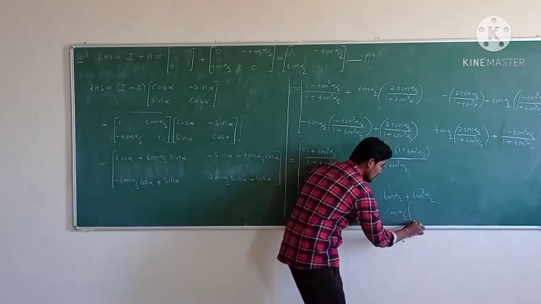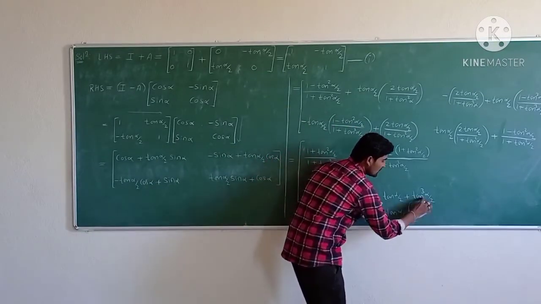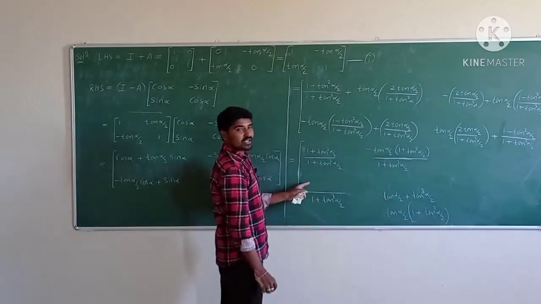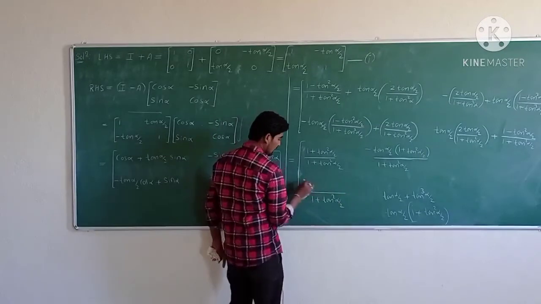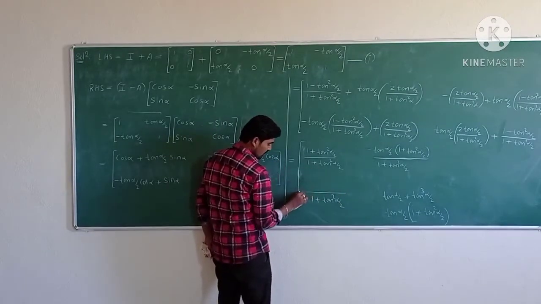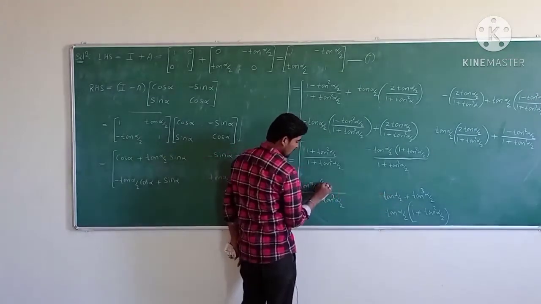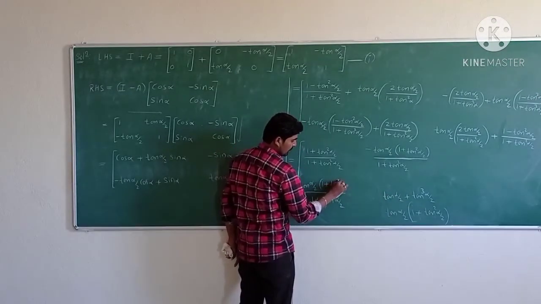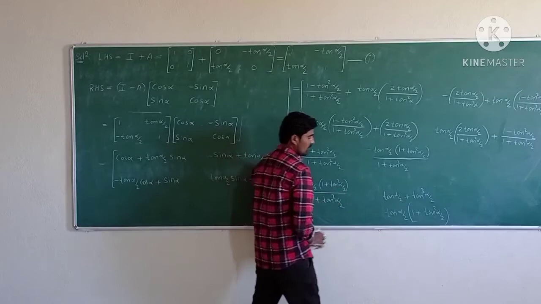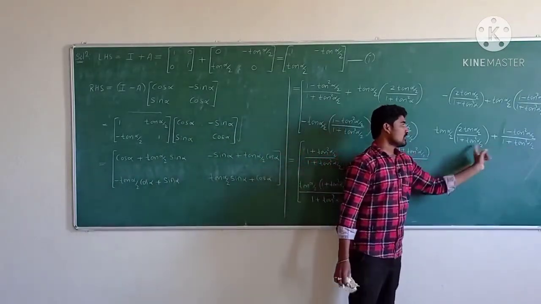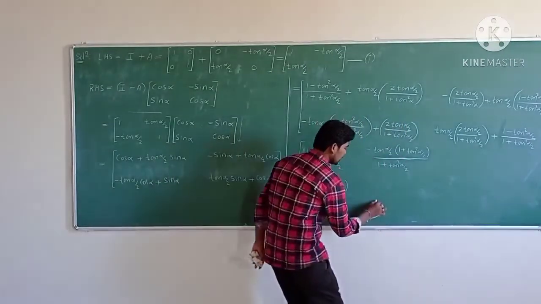Here 1 plus tan square alpha by 2. So therefore tan alpha by 2 is common into 1 plus tan square alpha by 2. And here also the LCM is 1 plus tan square alpha by 2.